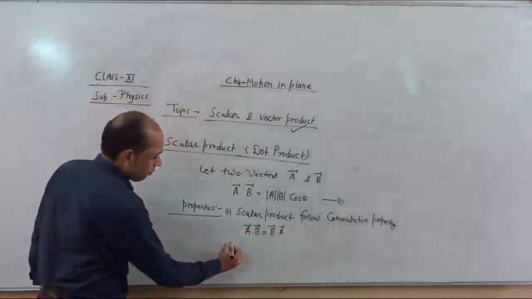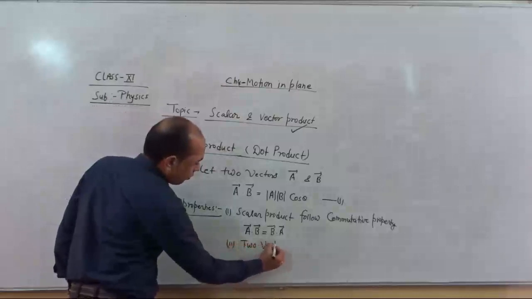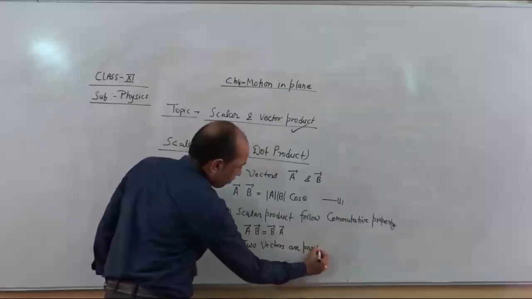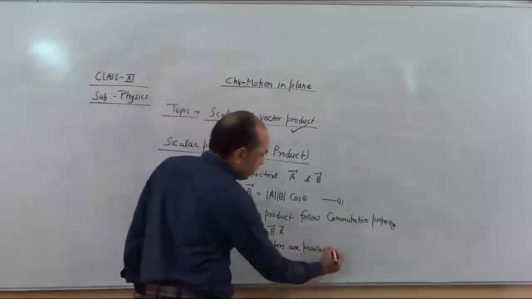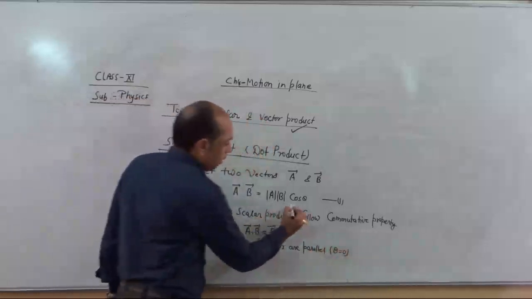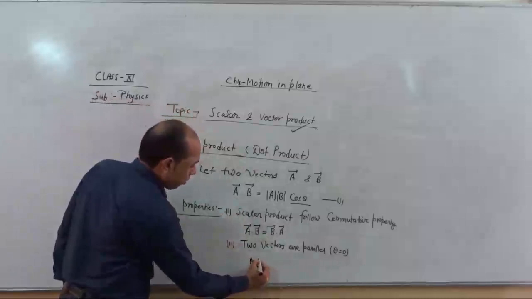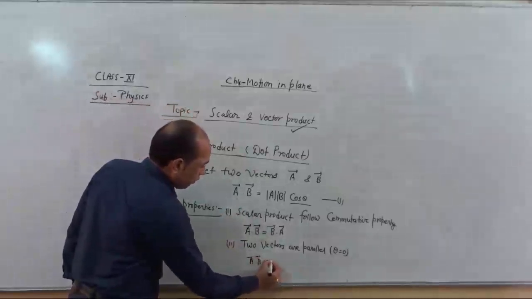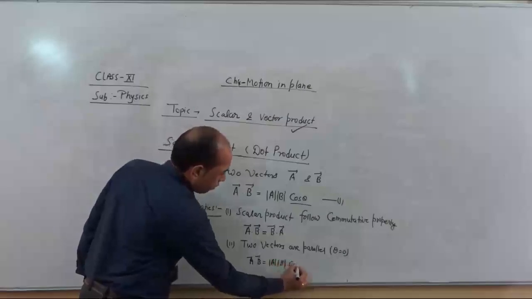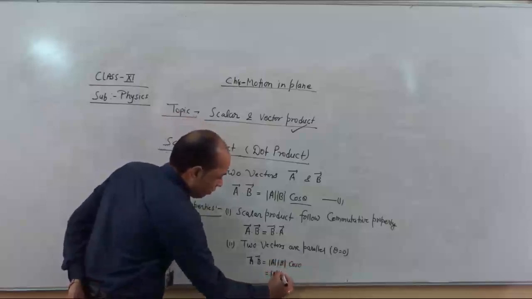Second one, if two vectors are parallel, in the sense theta is 0. So because of this cos theta, when theta is replaced by 0, we see A dot B equals AB cos 0. So cos 0 is equal to 1, so we have only AB.